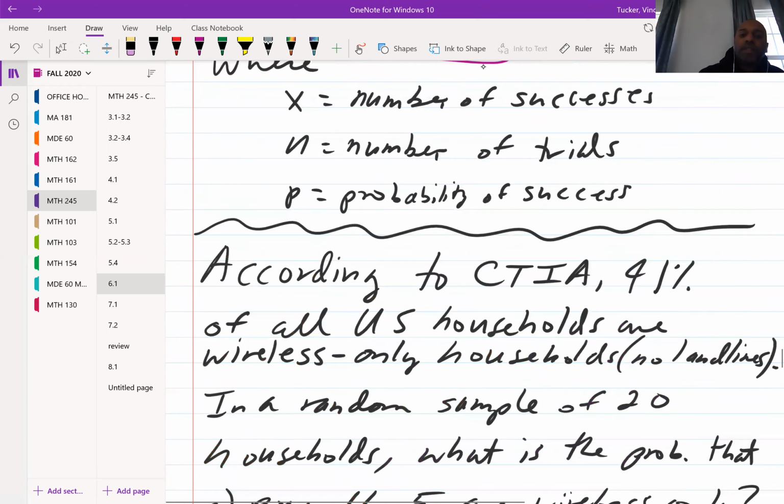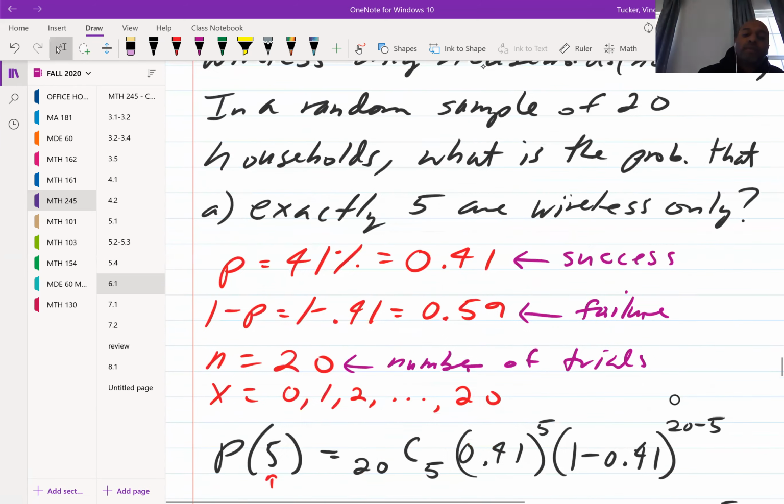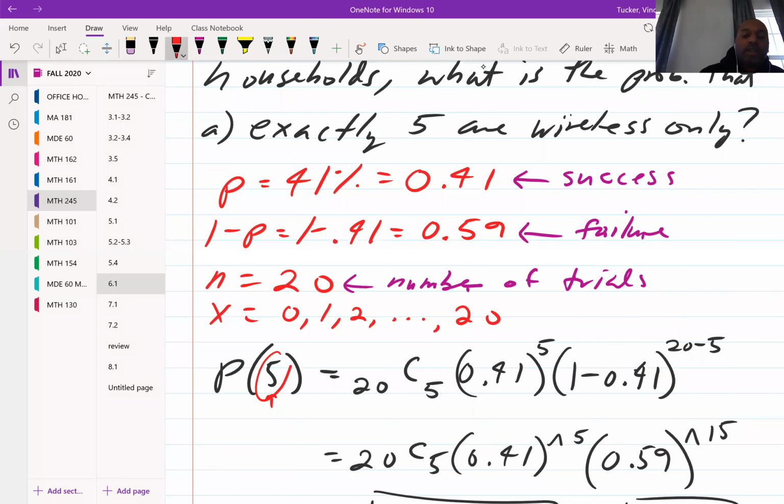So in this case, x is 5. So it's 20C5, 0.41 raised to the 5th power, times 1 minus 0.41, or if you wanted to put 0.59 there, you could, raised to the 20 minus 5.